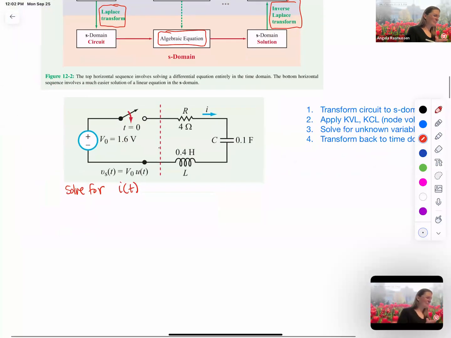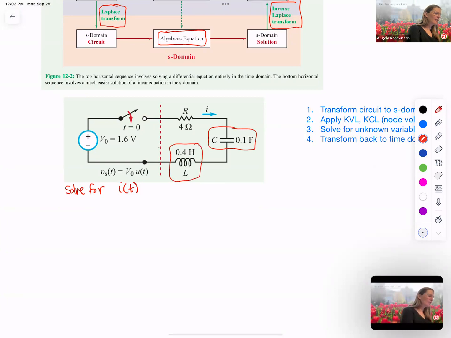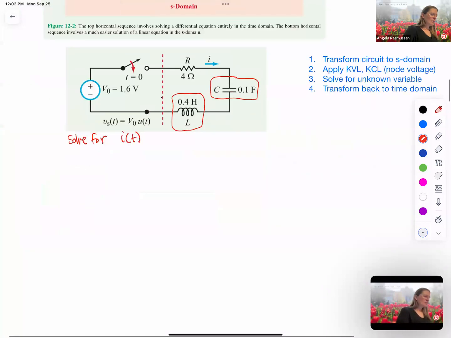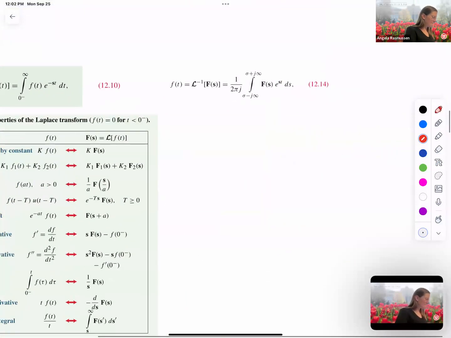Okay, so with this, we first need to know how do we change over these two elements that are time domain.